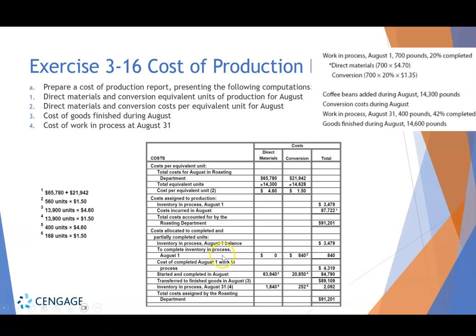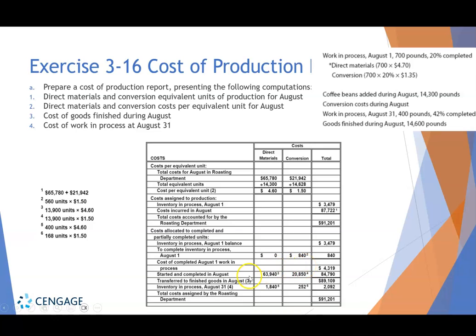What was started and completed in August, here we've got the 13,900 units that we had from the previous slide times the cost per equivalent unit of $4.60. And for conversion costs, the 13,900 times the cost of conversion 150.